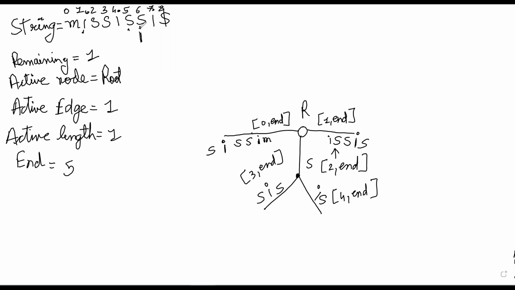I increment our remaining pointer by 1 and end pointer by 1, 2. And as we have done in every other step, we are going to append S to every other leaf node we have in our tree according to rule 1 classifier.